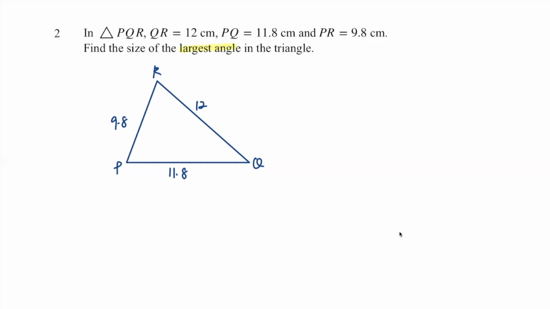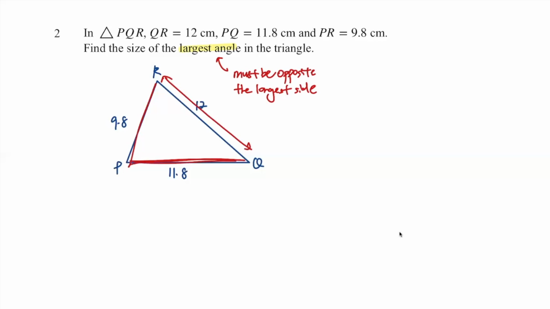Now, the largest angle in the triangle must be opposite the longest side. Why is that the case? You can just imagine this side here is very long.